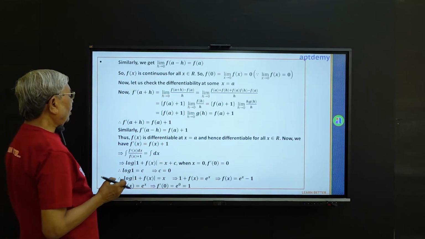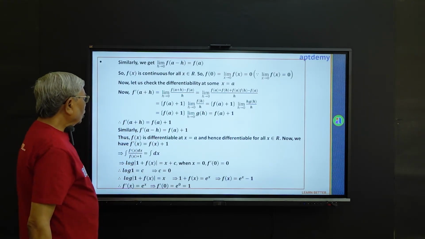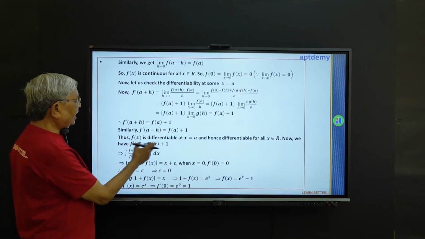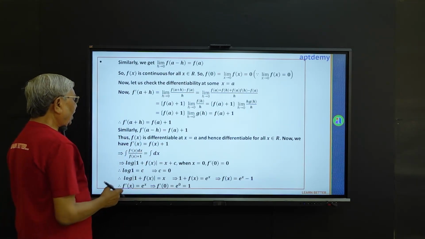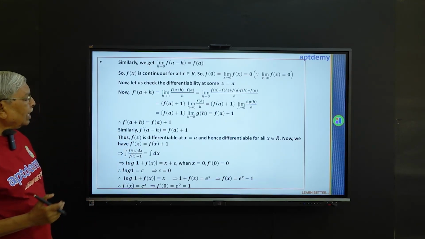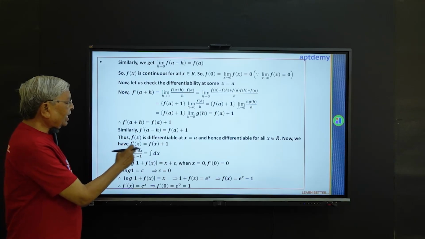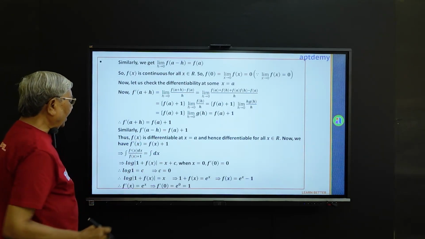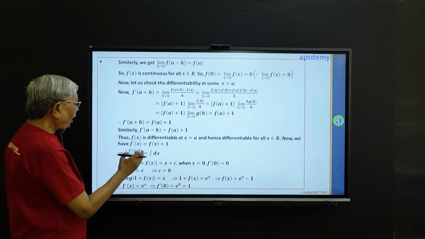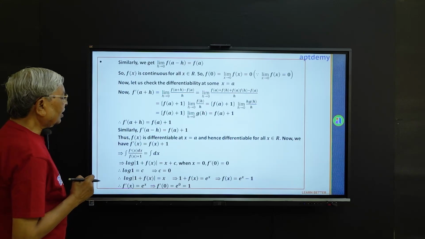Now what we have got? We have got f'(x) is equal to f(x) + 1. So we can write f'(x)/(f(x)+1) is equal to 1. Now if we integrate both sides with respect to x, we get integration of f'(x) dx by (f(x)+1) equal to integration of dx. So this is nothing but log(1+f(x)) is equal to x plus c.